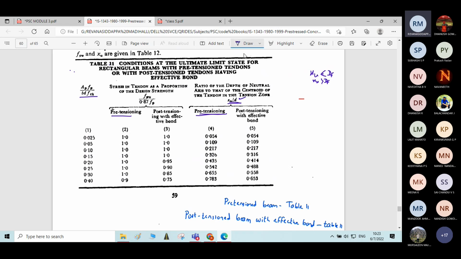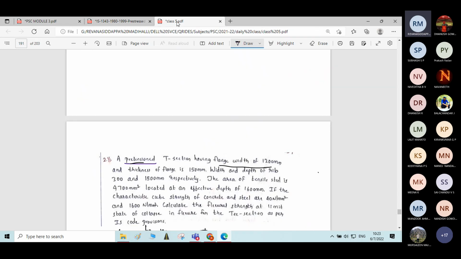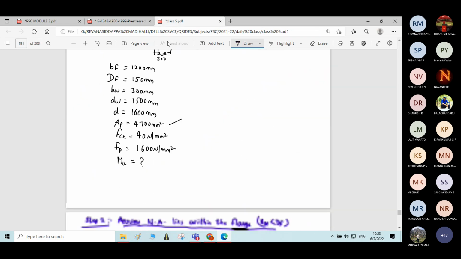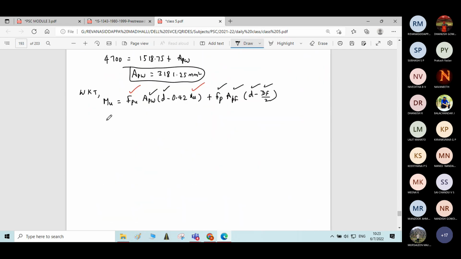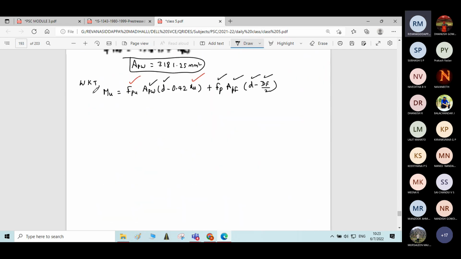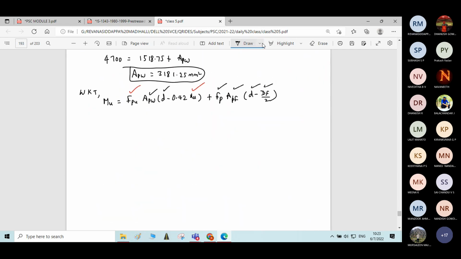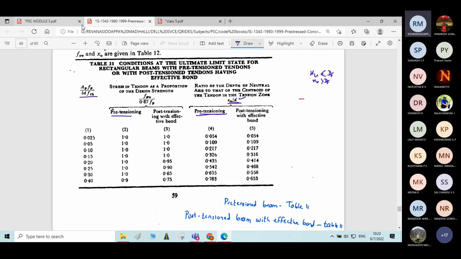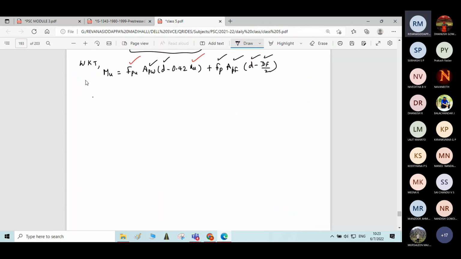Now, first you find this ratio AP by BD FCK, from table 11.